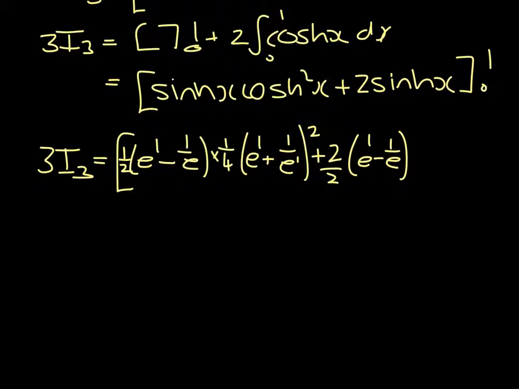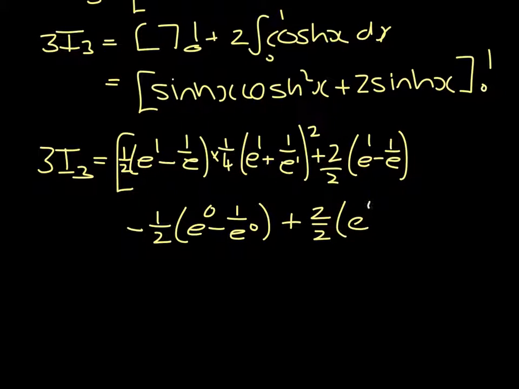We then need to substitute in the 0. So we are going to be taking away 1/2 e to the 0 minus 1 over e to the 0, and that's just 0, so I'm going to ignore the rest of that. Plus 2 over 2 e to the 0 minus 1 over e to the 0, and again that's going to be 0.